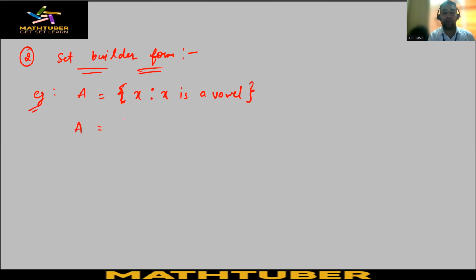And if you want to write natural numbers less than 10 in set builder form, then x such that x is a natural number less than 10. So you have to define this x here, right? This x such that x will always be common in every set builder form, and then you have to define this x. This will be your set builder form.